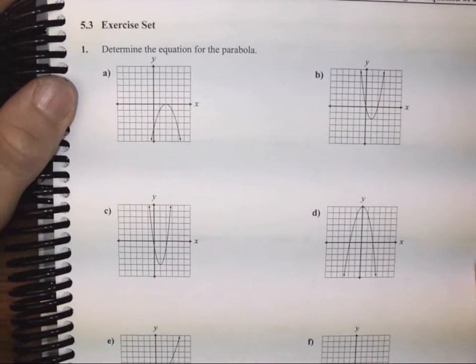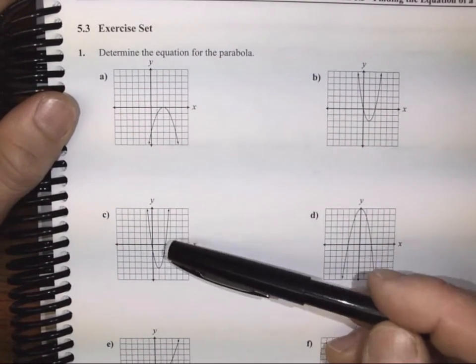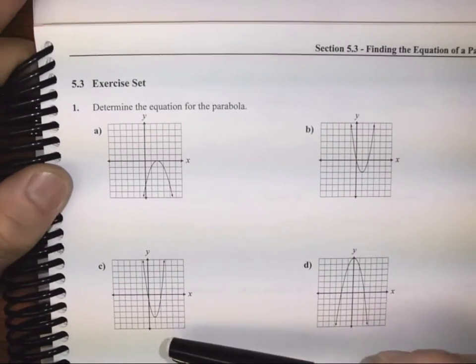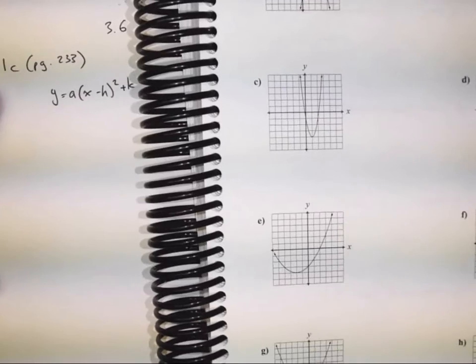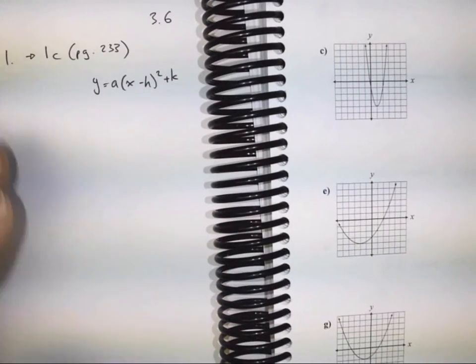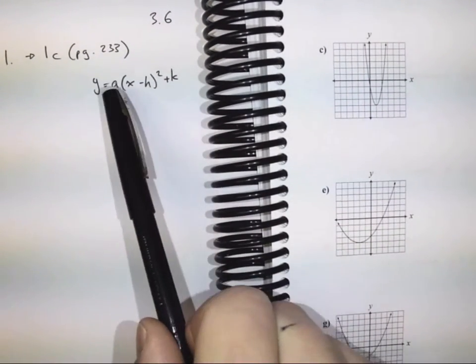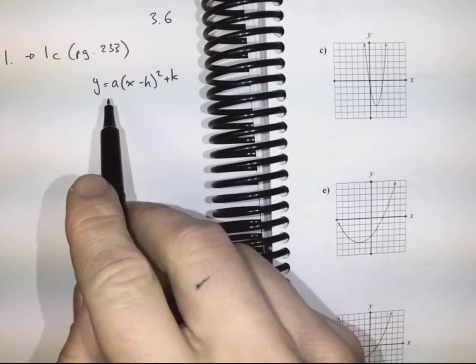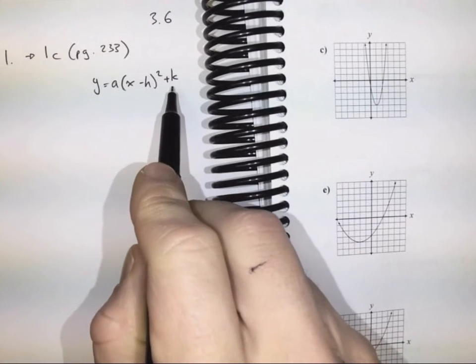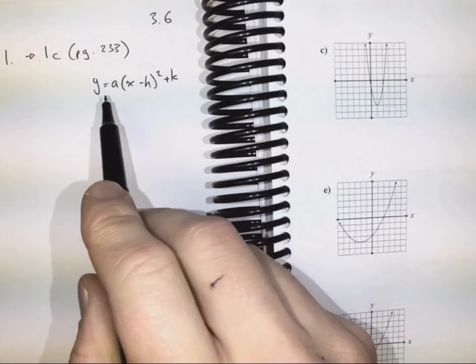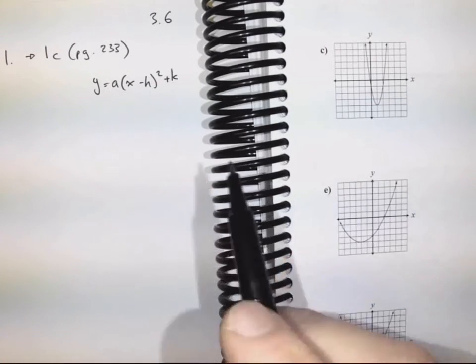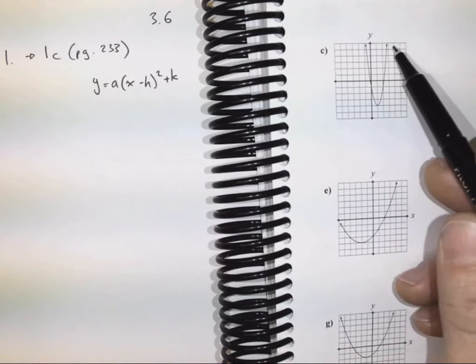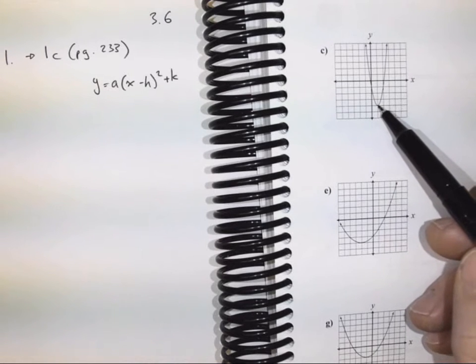All right, and now we're going to start looking at this parabola and looking for hints about values that will help us fill in some of these letters. We need to fill in A, H, and K with numbers, and then we're done. We've written the equation of this parabola. The best place to start is by looking at the vertex.